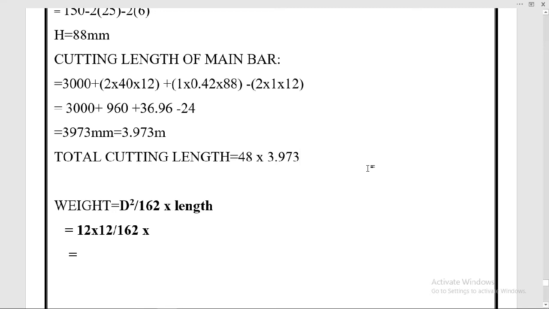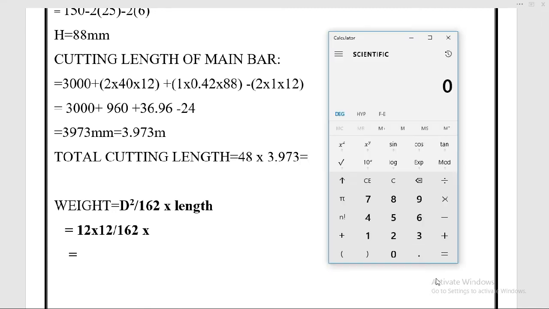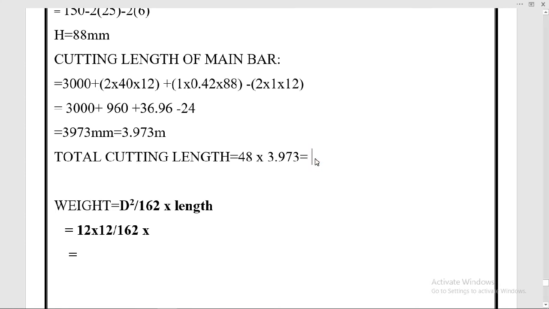Let me calculate it on the calculator now. 48 into 3.973. So total cutting length required for all main bars, which are 48 number of main bars, we required 190.70. We take it 191 meter length required for main bars.